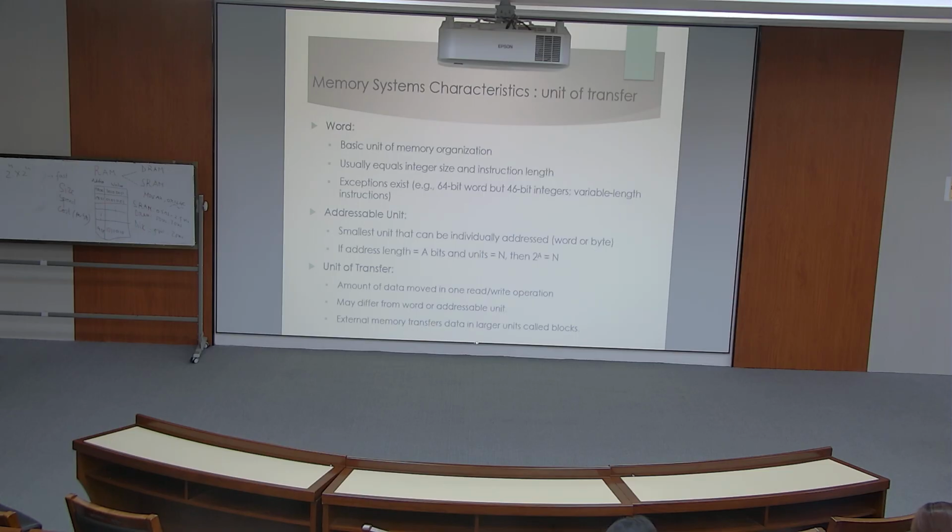We have external memory, like a disk, that transfers data in large data units called blocks. External memory transfers data in what we call blocks. They use blocks to transfer data.